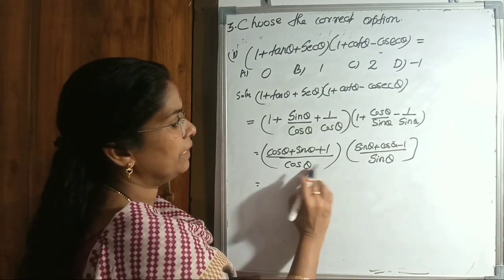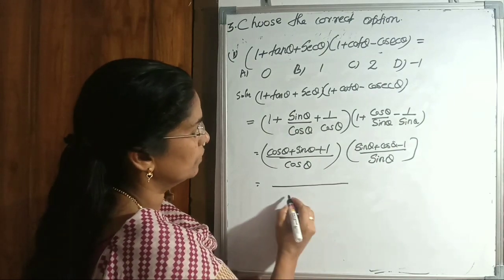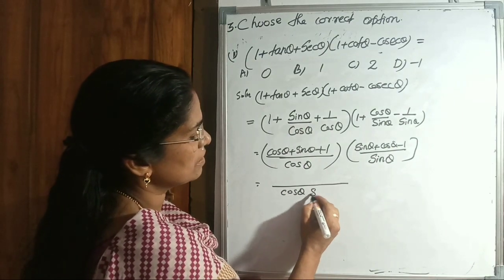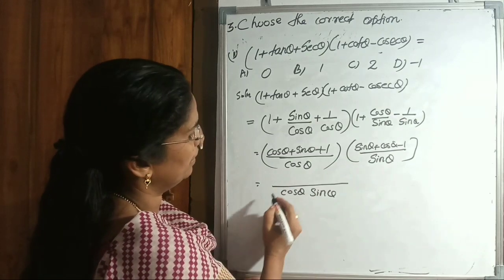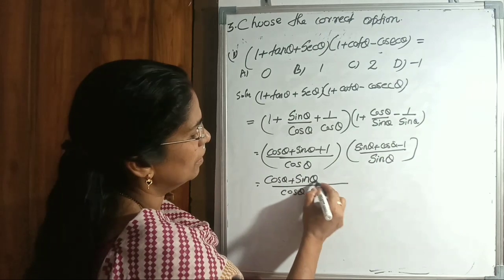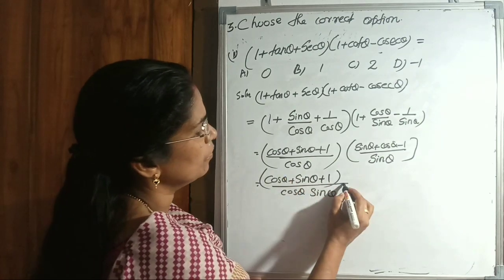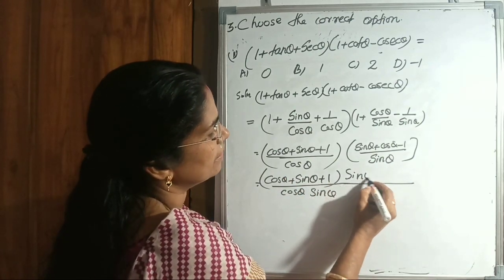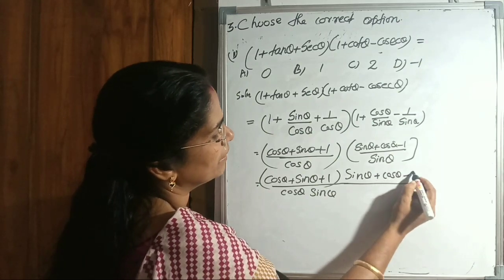Now we can multiply these two. Cos theta sin theta on the denominator, and on the numerator cos theta plus sin theta plus 1 into sin theta plus cos theta minus 1.